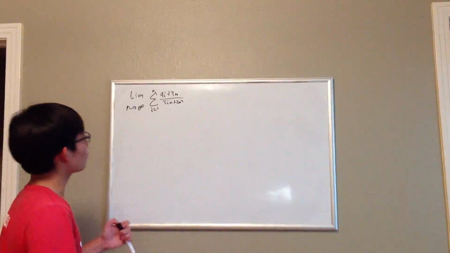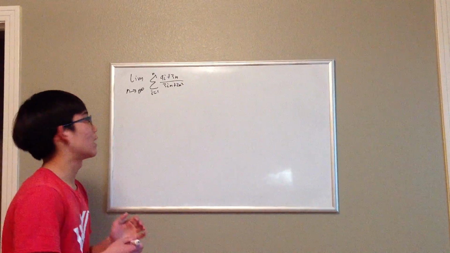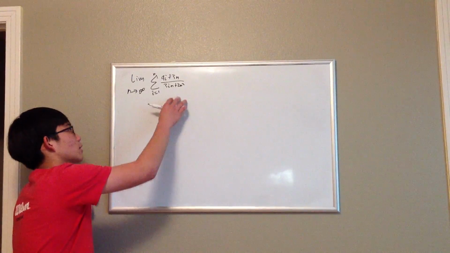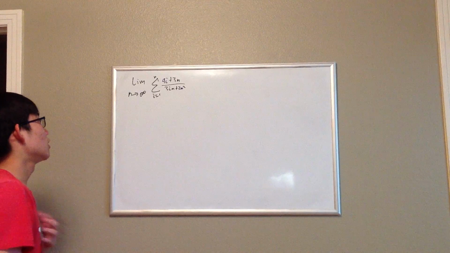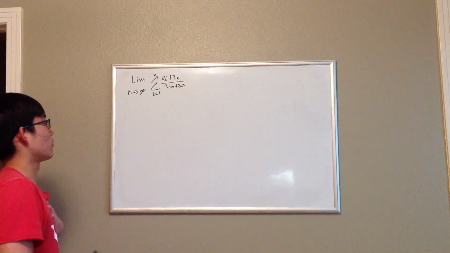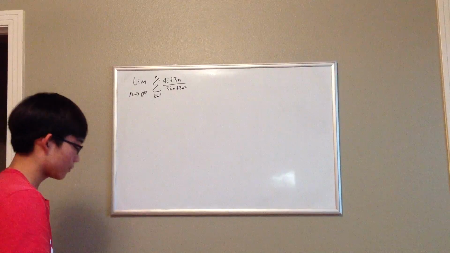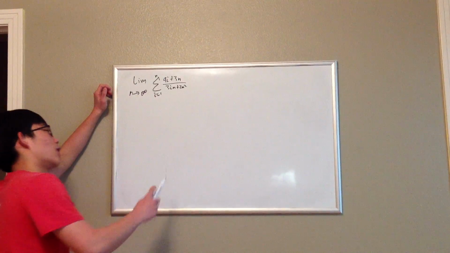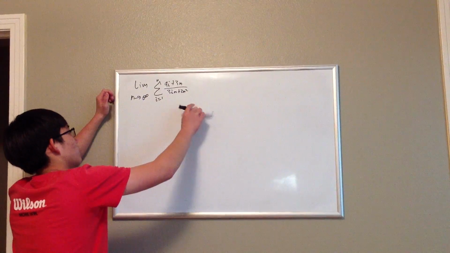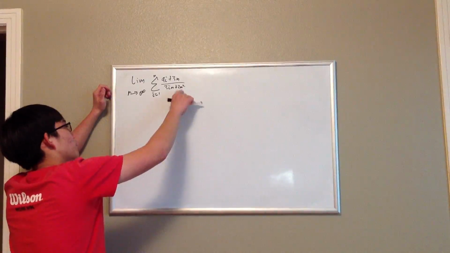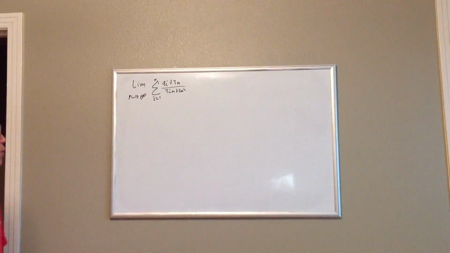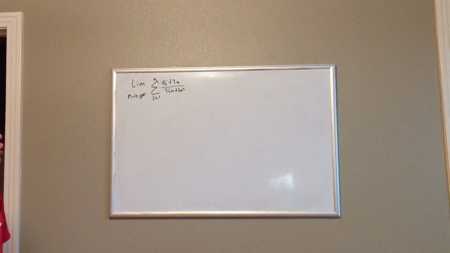So the first thing we want to do is isolate delta x. There's something in this sum that we can pull out of the sum, out of the expression. If we look at the denominator of this expression, we realize that we can pull an n out of 3in plus 2n squared.